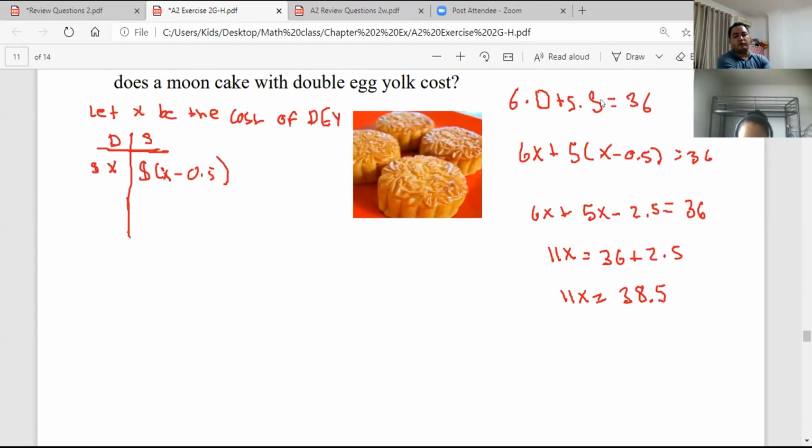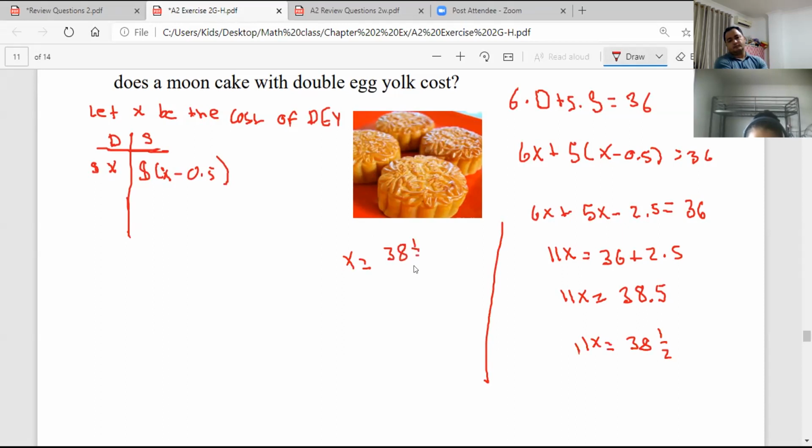Shahina, can you write the 38.5 as a fraction? That'll be 11x equals 38 and a half. Okay, and now x equals.